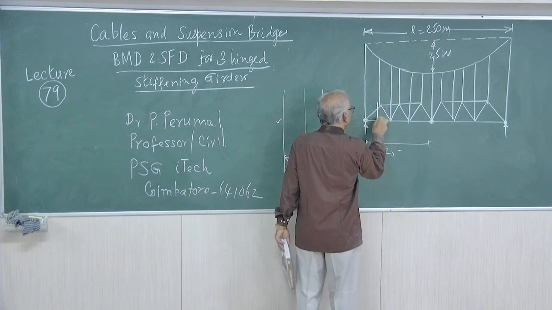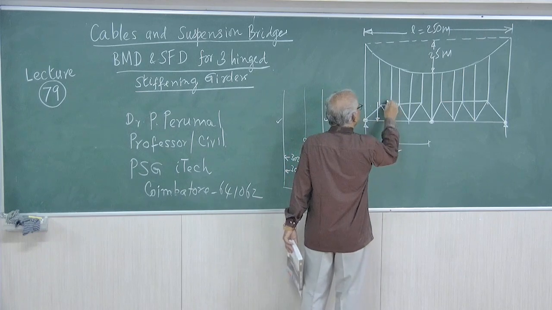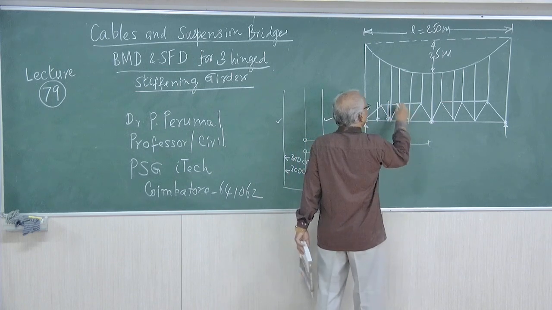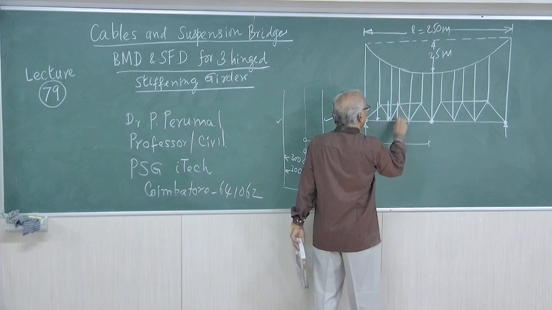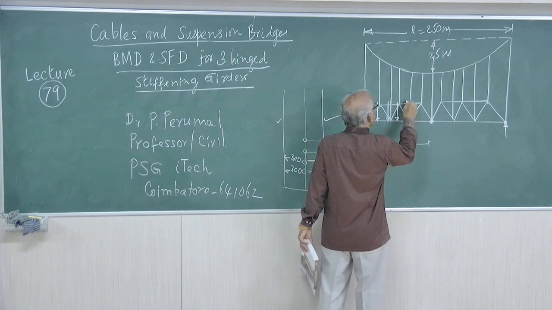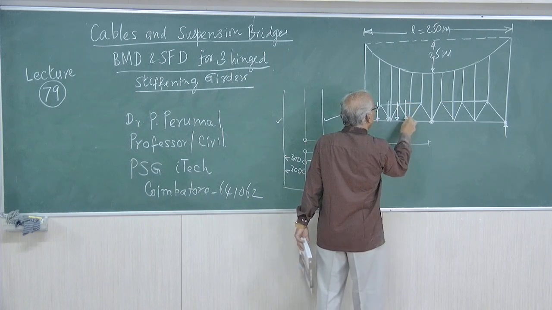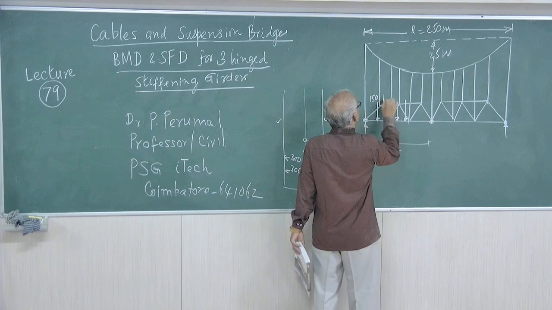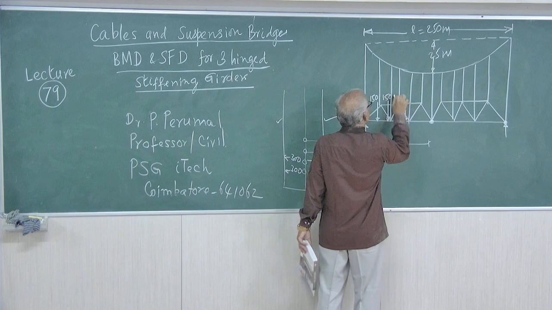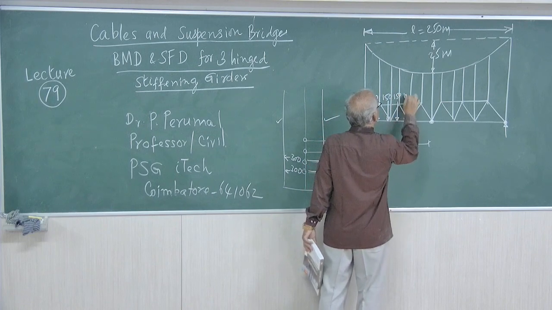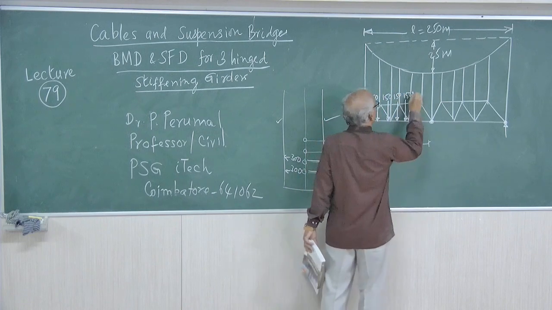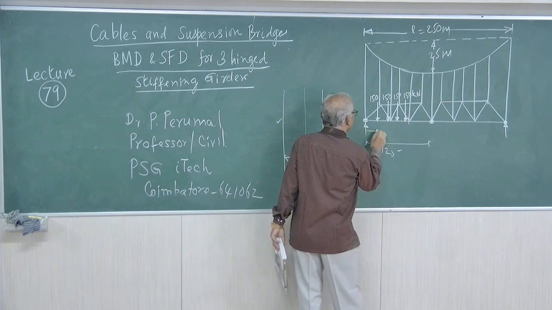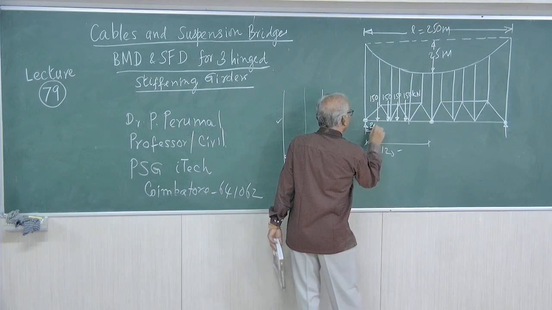Then there is another load, there is a third load, and there is a fourth load. So 150 kilonewtons. From here to here, this is 20.